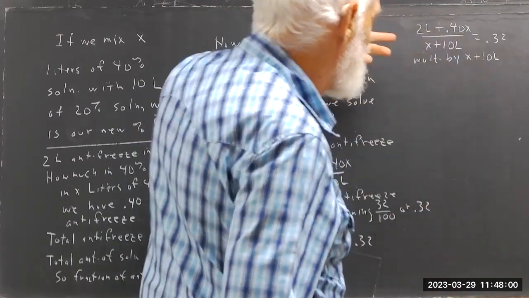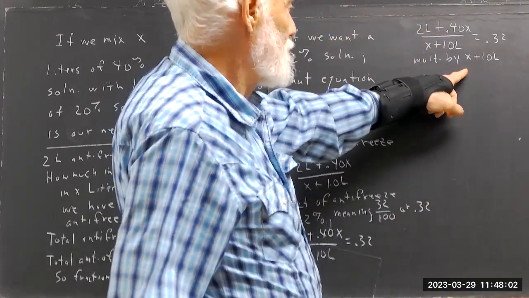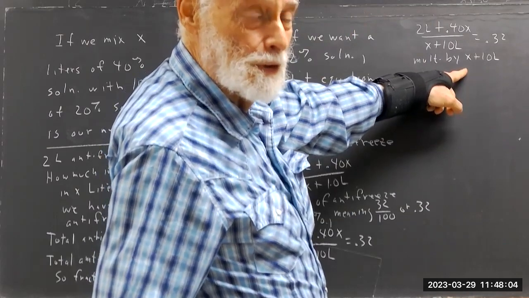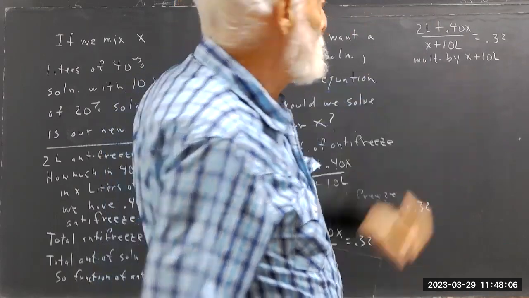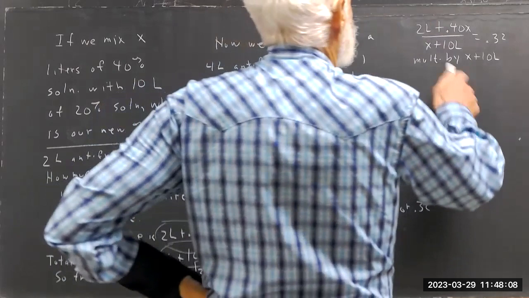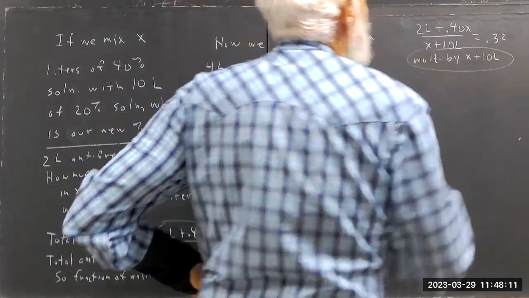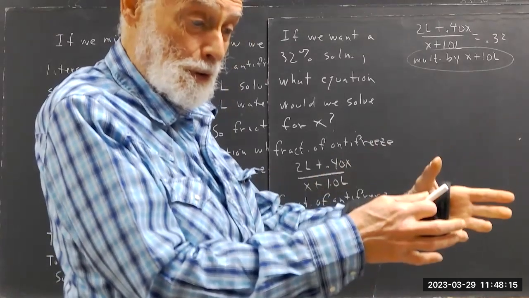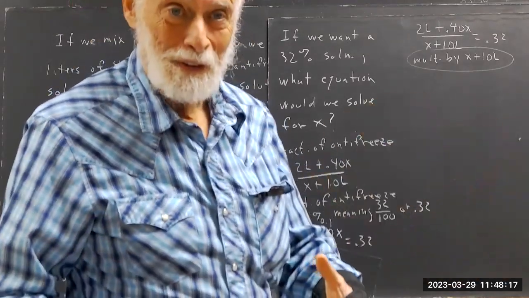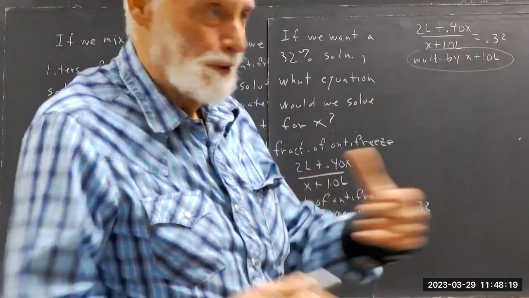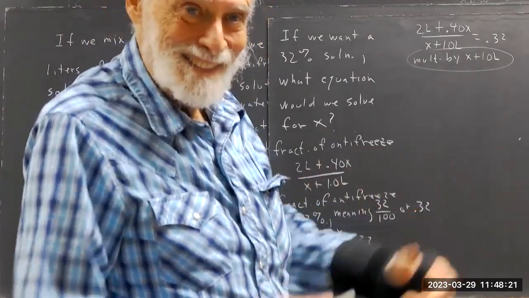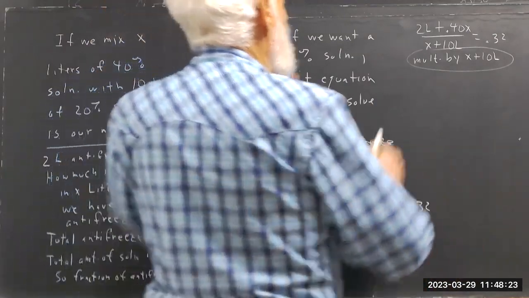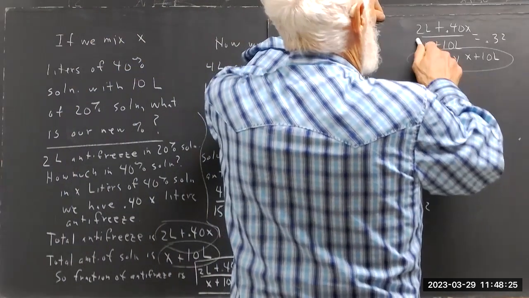But this is not really an issue because X is obviously going to be positive. You also can't take a couple of liters of 40% solution out of 20% solution all mixed up. You can't do that.